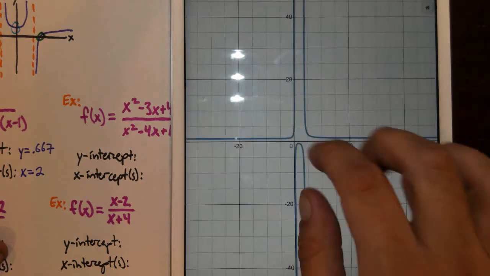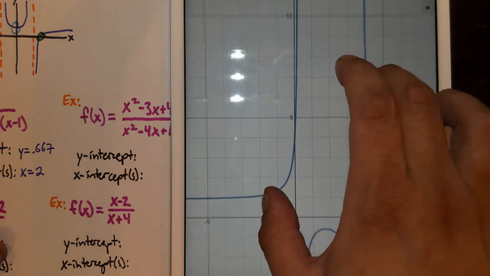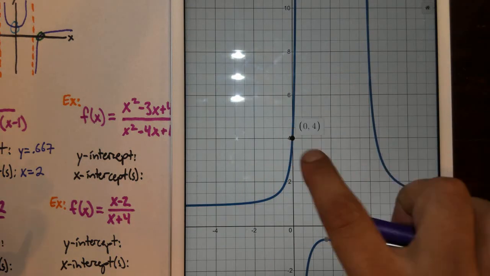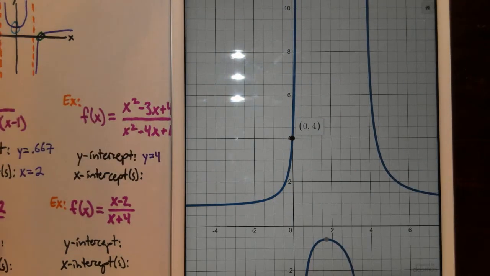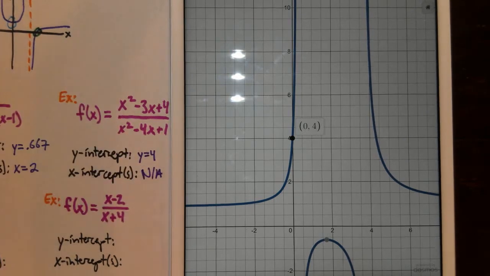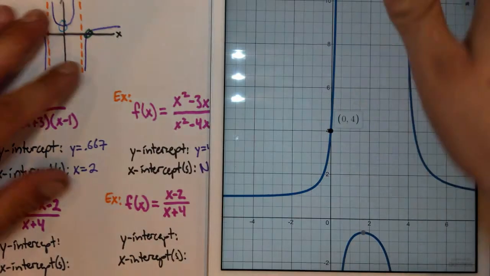No, it doesn't. But we do have a y-intercept, I believe. Ever so slightly, yes we do. The y-intercept is this point right here at 4, so y equals 4. And x-intercepts, there aren't any. So you can put NA or you can put no intercepts, something like that.